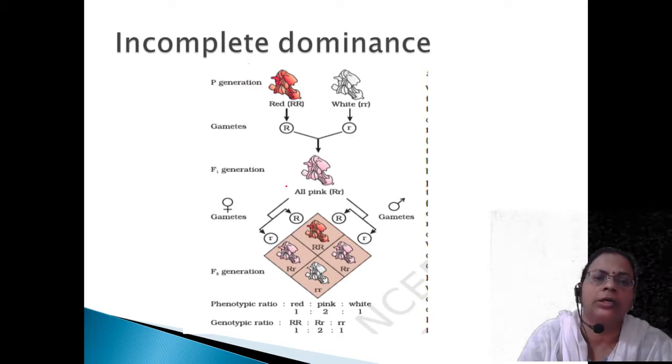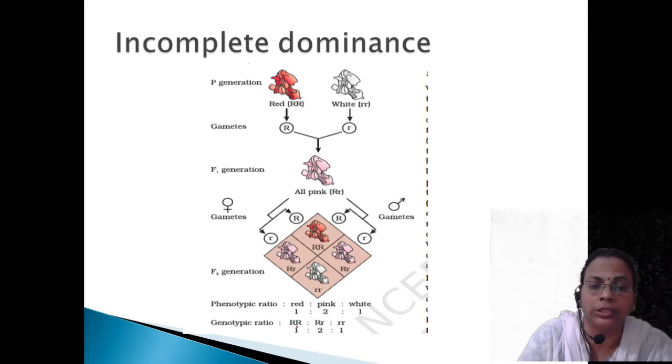Here the F1 showed pink color, and the gametic representation we can also show in this way in a circle. When we draw this Punnett square, the phenotypic ratio appears as 1:2:1, and the genotypic ratio appears in the same pattern, 1:2:1.